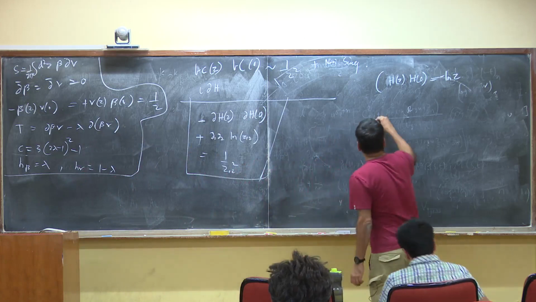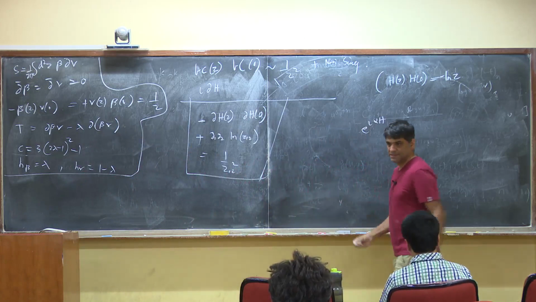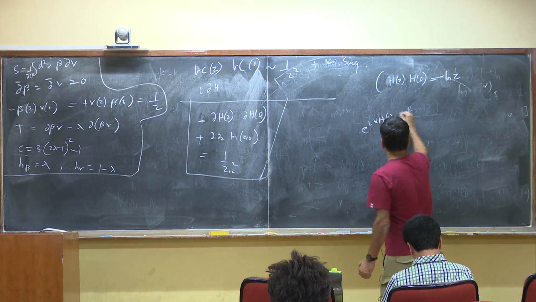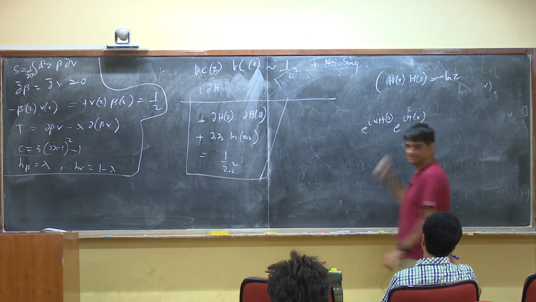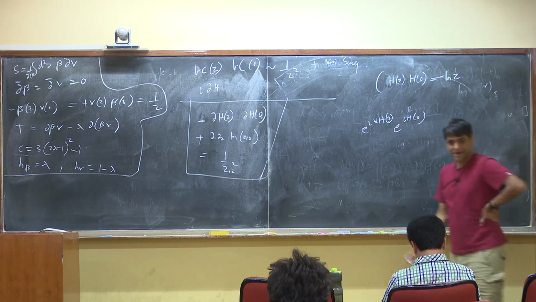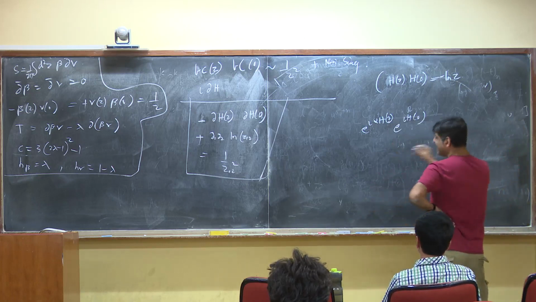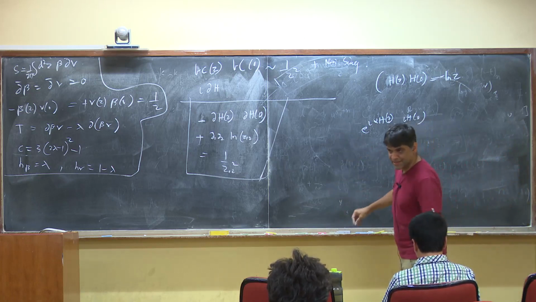So suppose we take e to the power I alpha h of z with e to the power ih of 0. Now, let's look at the singularity of the OPE.